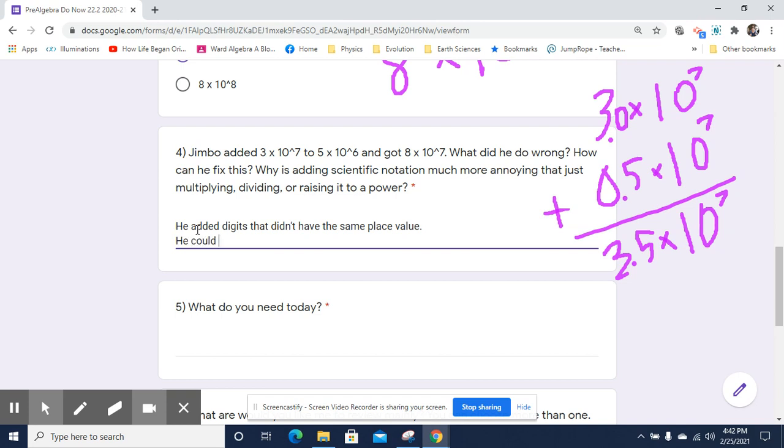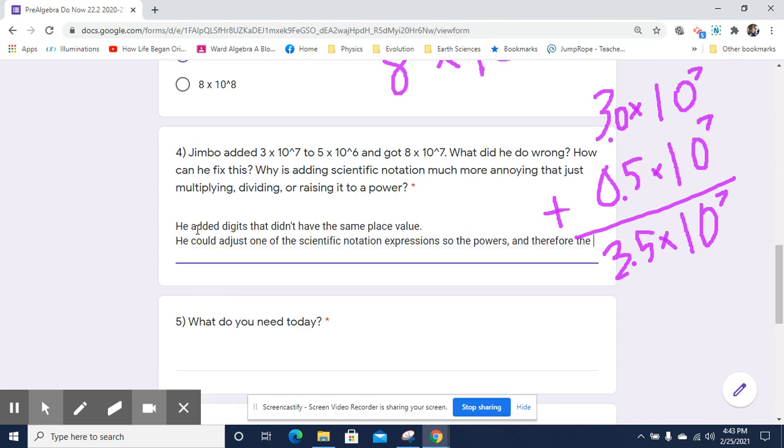He could adjust one of the scientific notation expressions so the powers, and therefore the place values, match up.